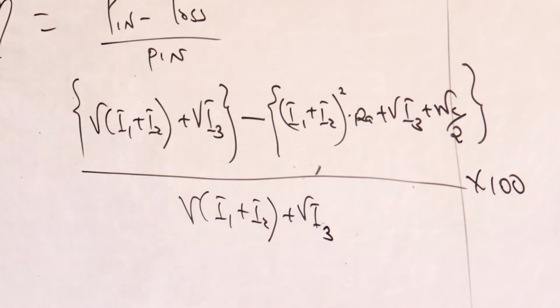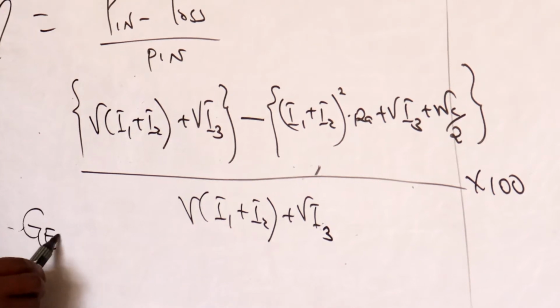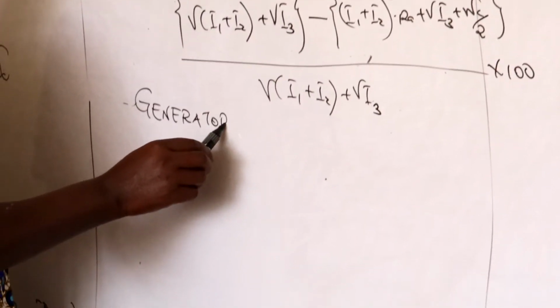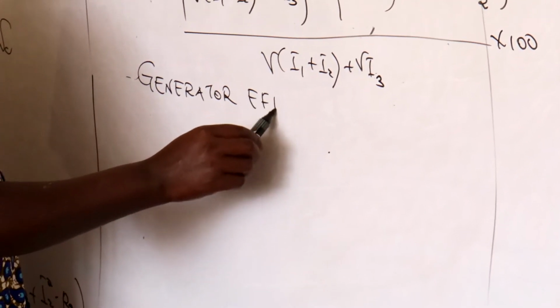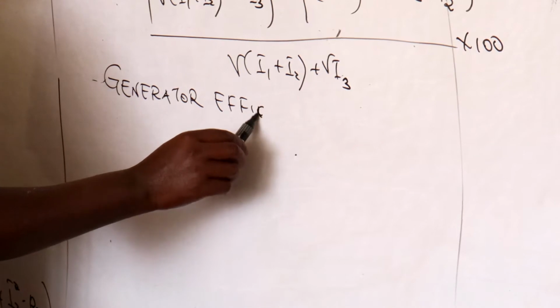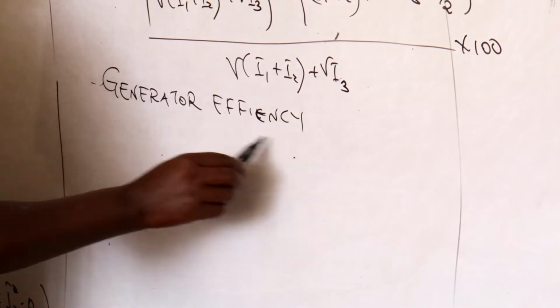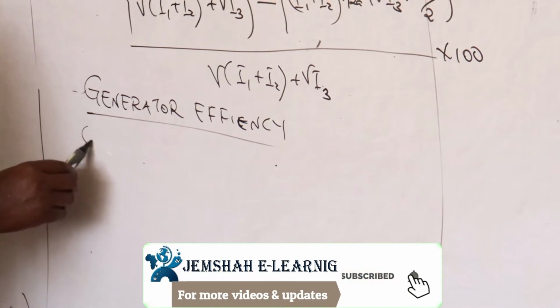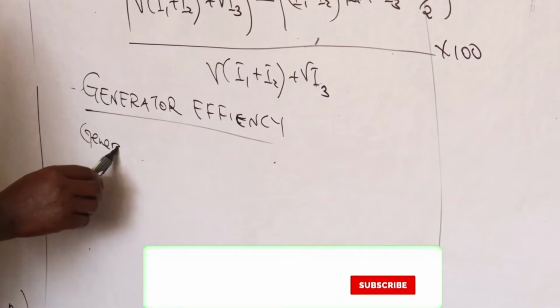Then we can do the generator. Generator efficiency: in a generator we talk of the generator output.